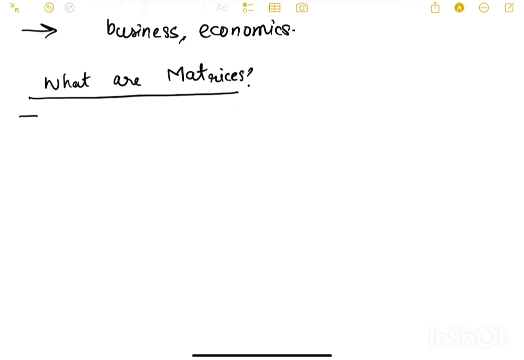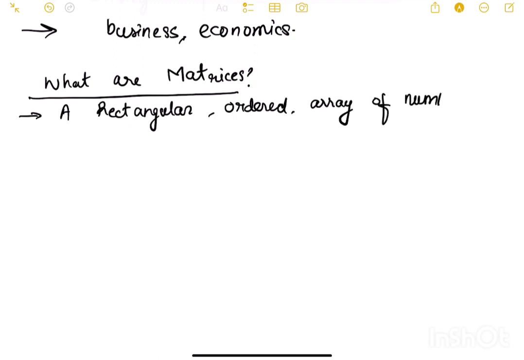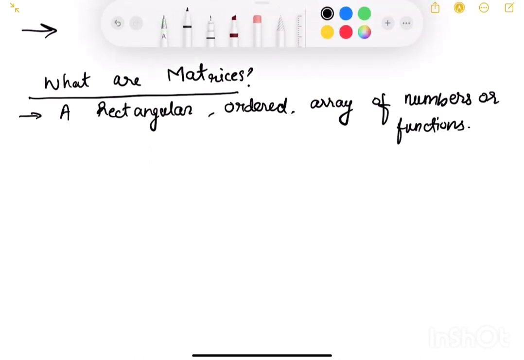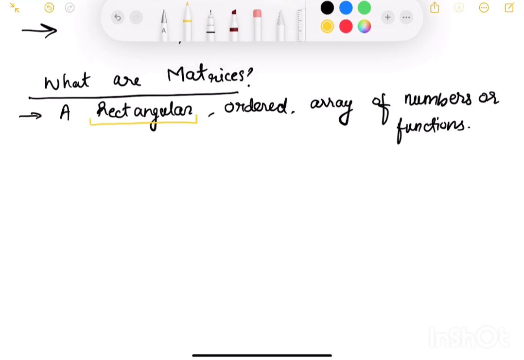So a matrix is a rectangular ordered array of numbers or functions. Now each and every word has its own significance. What I mean by rectangular is that I will just give an example of a matrix.